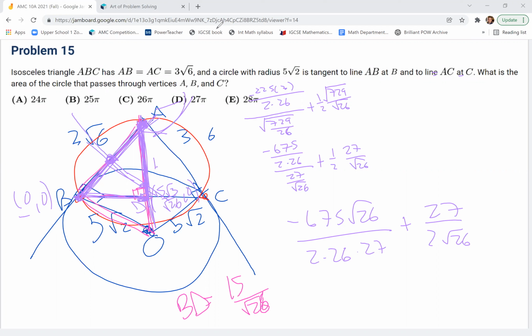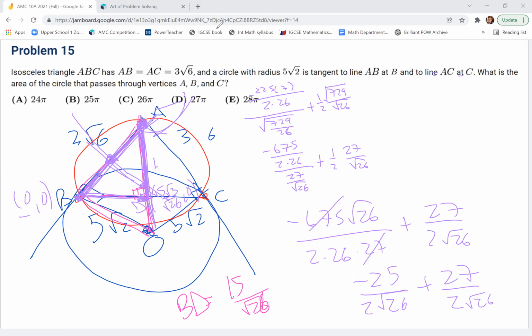Now it turns out that 675 divided by 27 is 25. So I can rewrite that as negative 25 over 2 root 26 plus 27 over 2 root 26, right?